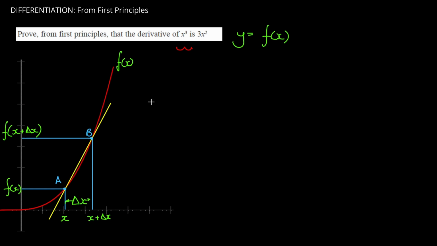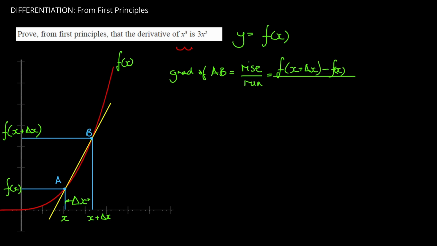So the proof goes in exactly the same way: the gradient of AB is equal to the rise over the run, and this is equal to f(x plus delta x) minus f(x), all divided by delta x. And again, this is a perfectly good definition of the gradient of AB.